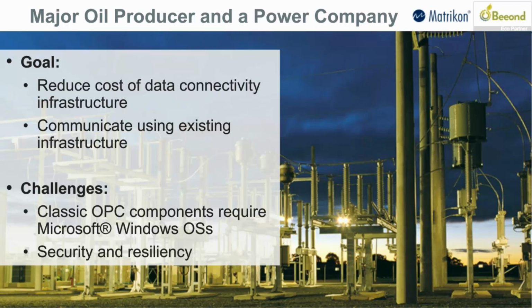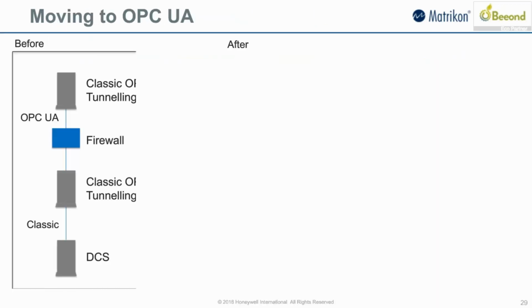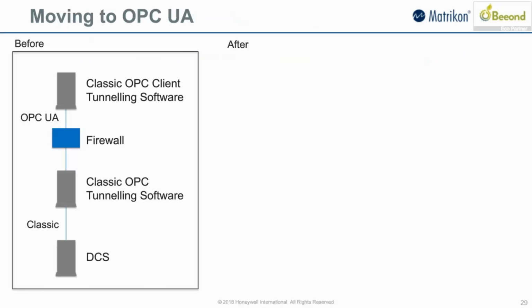So they used the tunneler. Looking at their initial architecture, very simplified of course, it goes from a DCS through OPC Classic, using the tunneling software up through a firewall and out to an OPC Classic client. A lot of software and equipment along the way to get from point A to point B.